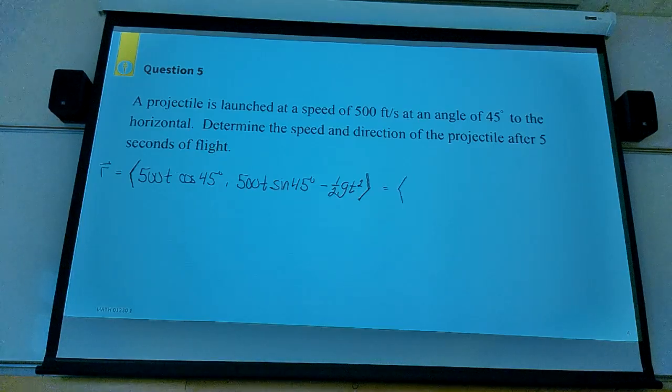What is cosine of 45 degrees? Square root 2 over 2. What is sine of 45 degrees? Square root 2 over 2. I'm leaving that g alone for now.